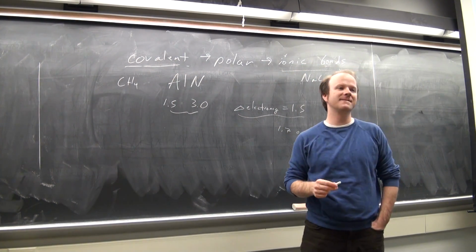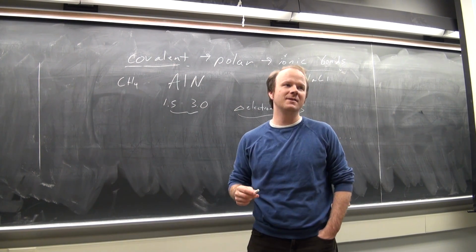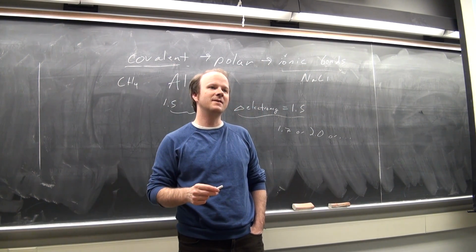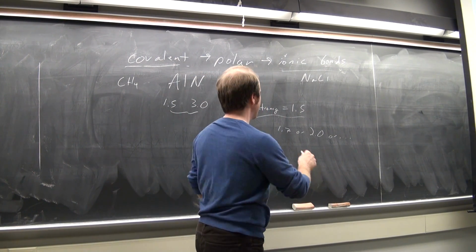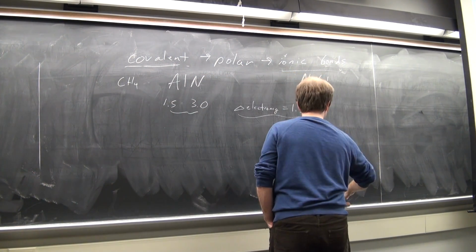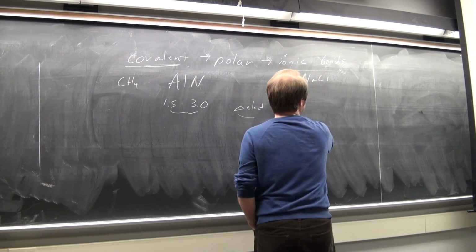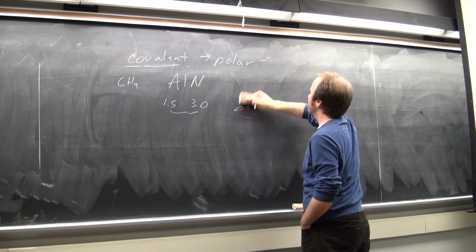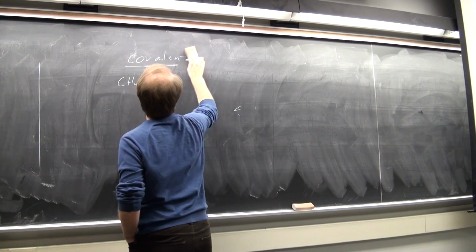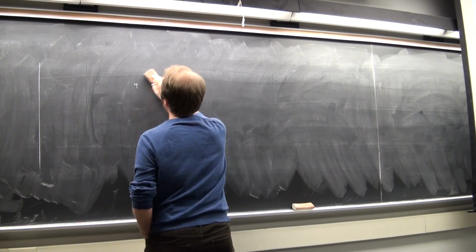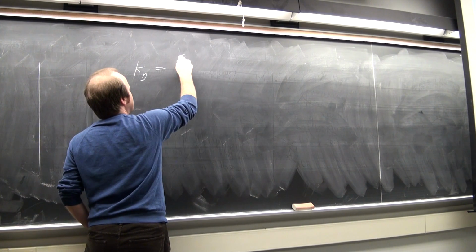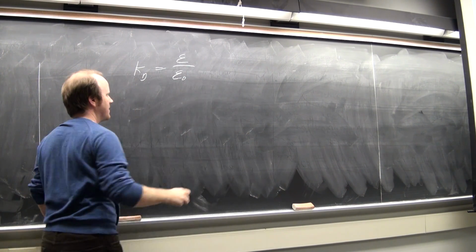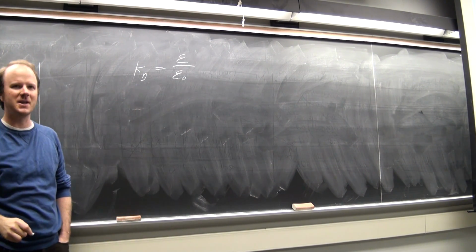If you have a low dielectric permittivity, does that mean your KD is high or low? Low, right? So KD, let's erase this so people at home can follow along. The definition of KD is permittivity over vacuum permittivity, right? Something like that.